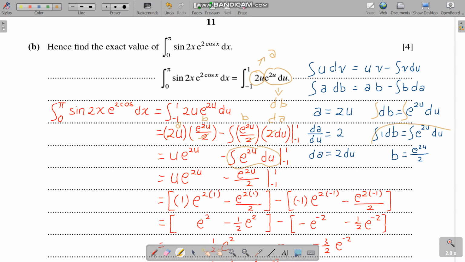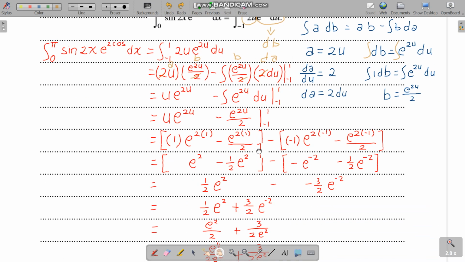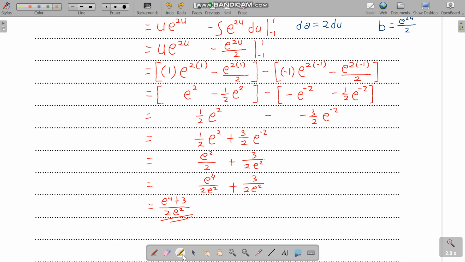So again, we could do the same concept here, e to the 2u divided by 2, and then we plug in 1, replace the u with 1, and then we replace the u with minus 1, and so this is just e squared, and this is just e squared over 2, and this is minus e to the power of minus 2, and this is minus 1/2 e to the power of minus 2.